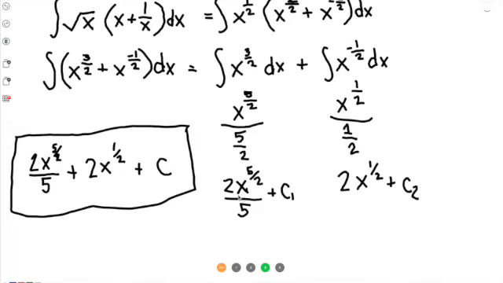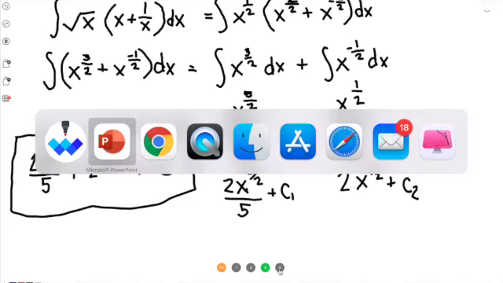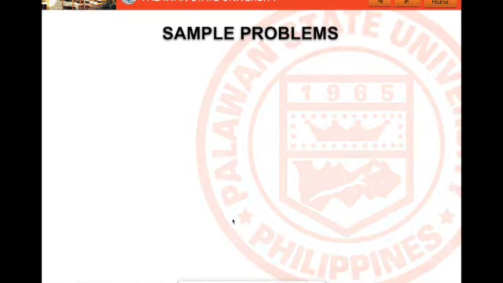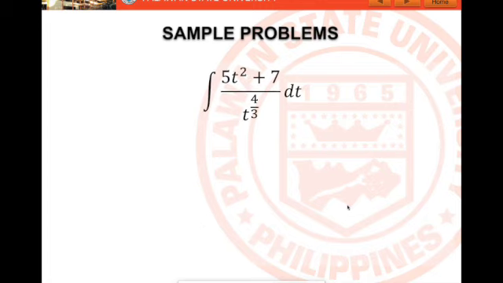So now let's proceed to another example. We have, okay, so now palitan muna natin yung x, palitan natin siya ng t. We have this problem, the integral of 5t squared plus 7 all over t to the 4/3 with respect to dt.